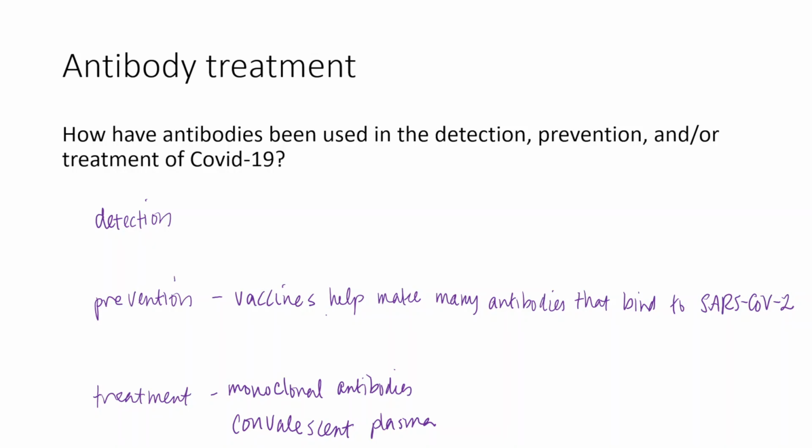In the liquid part of their blood, that's where their antibodies would be. So if you were sick and you recovered, your blood will have lots of antibodies against the pathogen. And the plasma, or the serum, from your blood could be used to take advantage of your antibodies to help someone else fight off the infection.